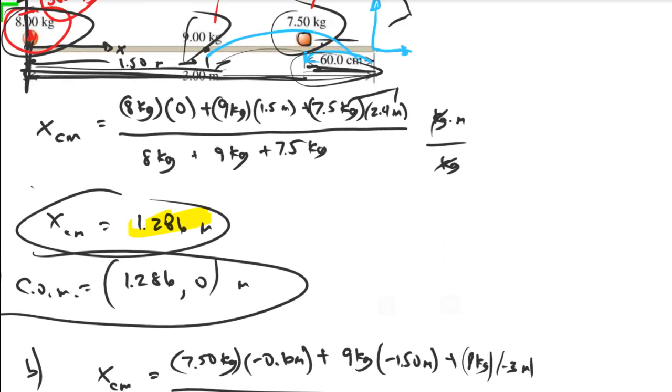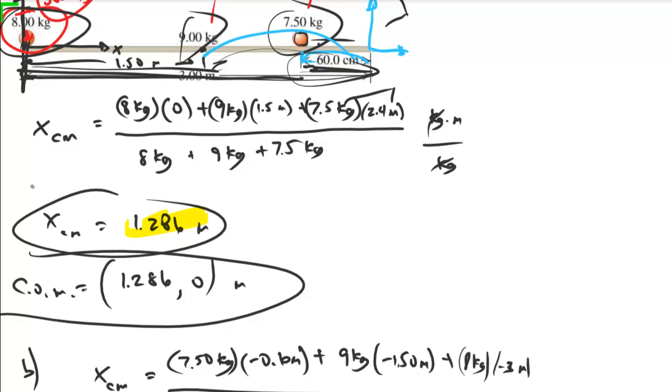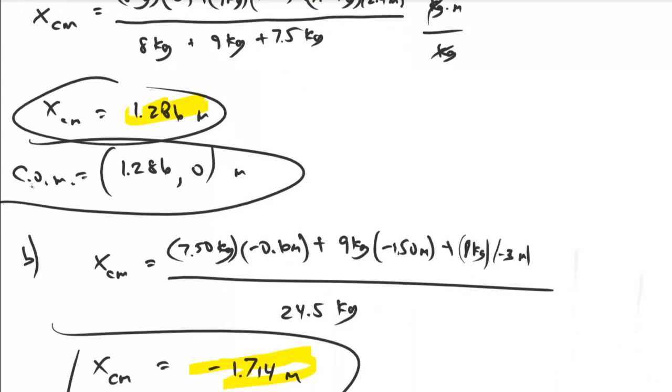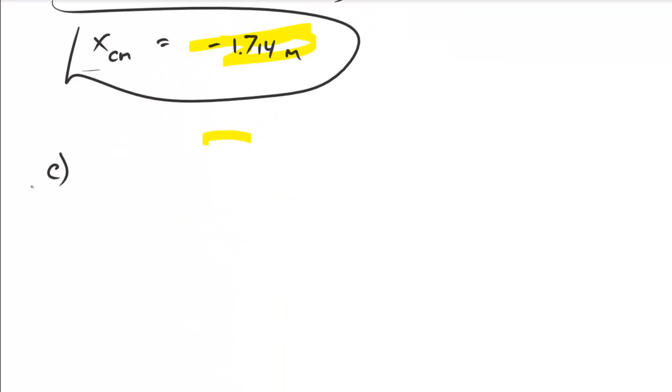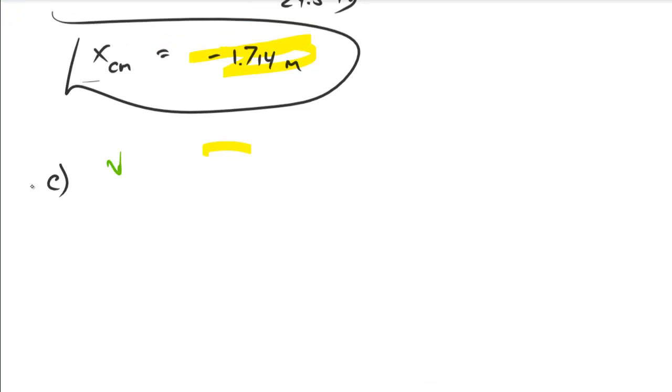If I move 1.286 meters from the left towards the right, it puts me about right here, which is the same as if I move 1.714 meters from the right to the left. I get the same position either way. So the answer is actually yes, you do get the same result both ways.